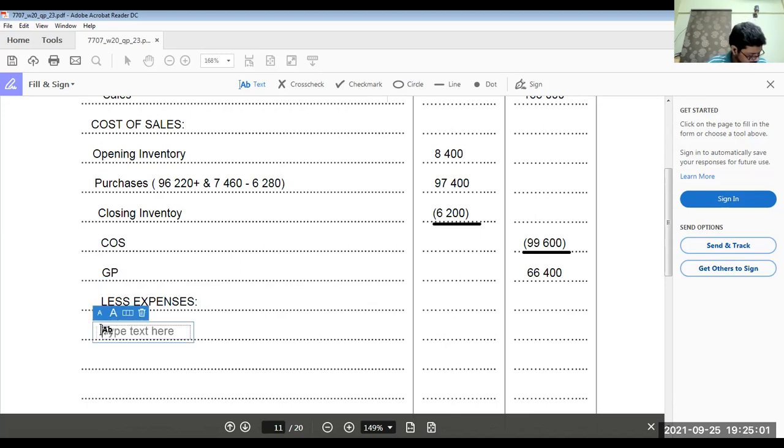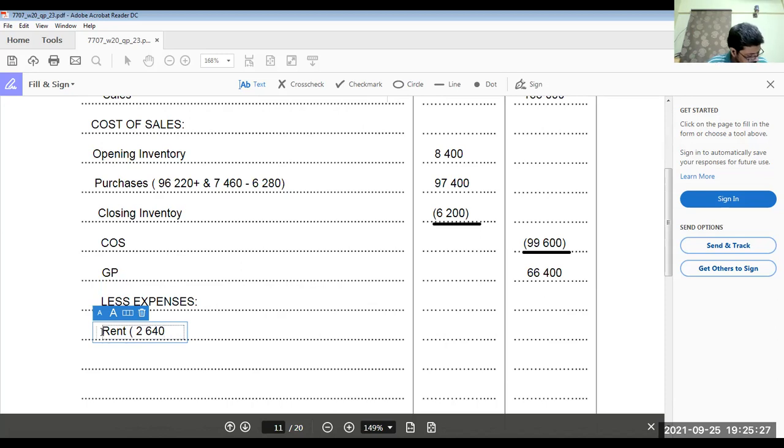Now expenses, first expense is rent, 2,640. But is there any adjustment?